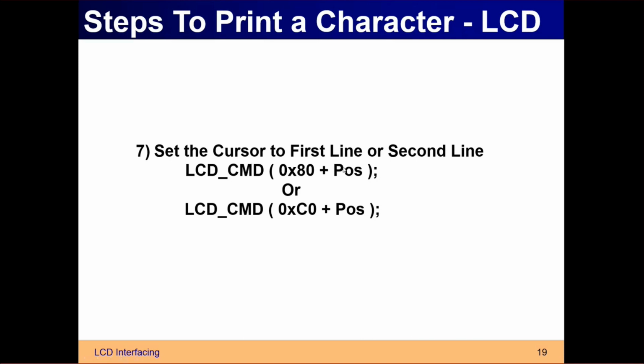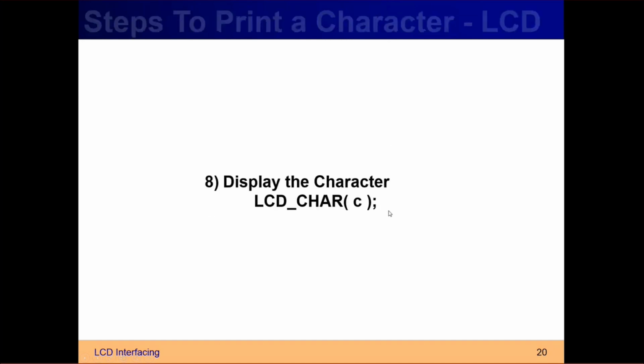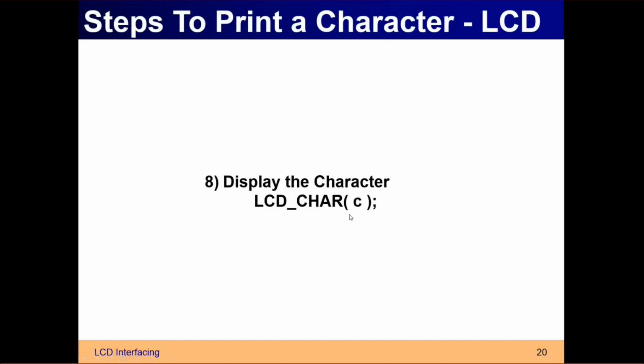Plus 1 means it will be displayed on the first row, second column, like that. So this will be the actual column of the particular character where it is to be displayed. This represents the row: 80 stands for the first row, C0 stands for the second row. Then as the next step, you can send the character that is to be displayed.